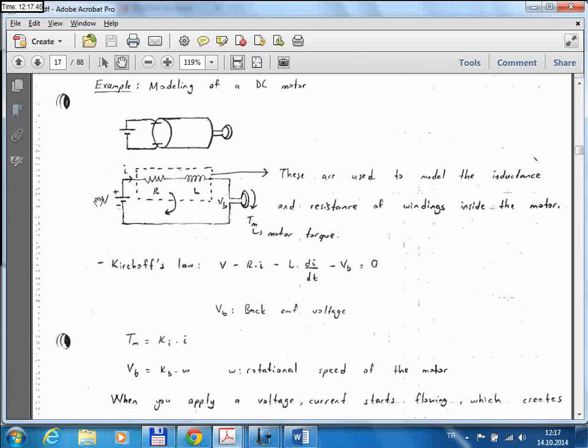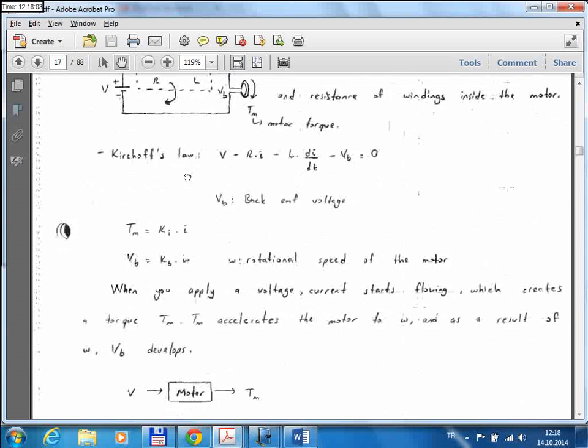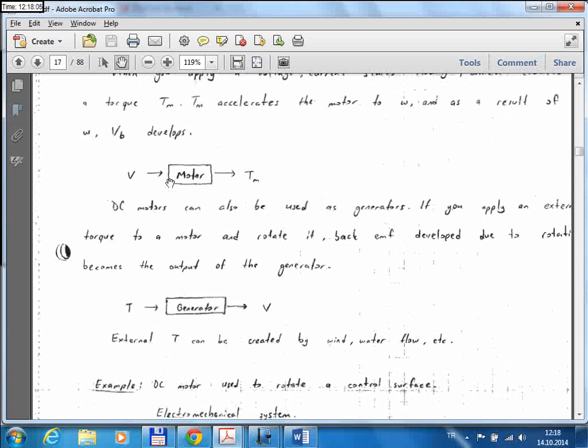You didn't have any voltage source at all, but if you just rotate the motor, you get voltage, and this means that you can use this as a generator. So any electric motor, if you turn it, becomes a voltage generator. So in this case, the input and output become reversed, right?